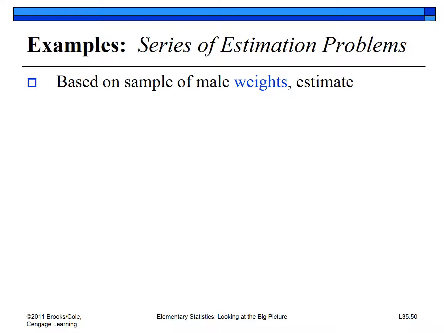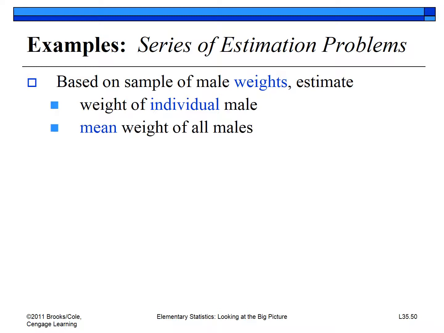So based on a sample of male weights, let's estimate the weight of an individual male in the population, and the mean weight of all males in the population. For these, we don't need regression, right?